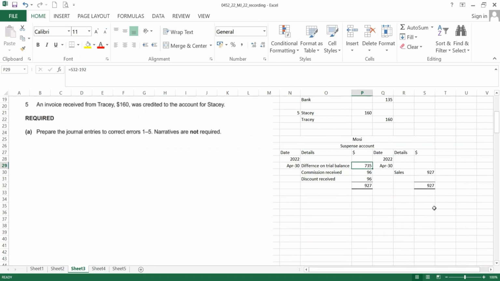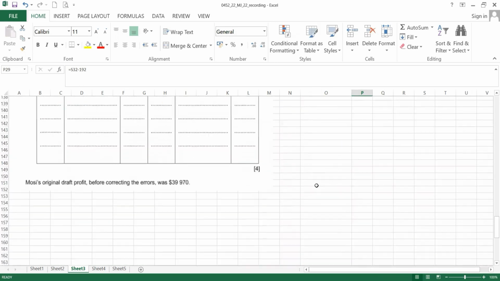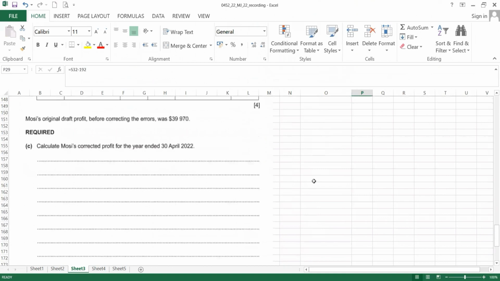In the next one, they ask to calculate the profit. Okay, the original draft profit. Let's put in first. Corrected profit for the year ended 30th April 2022.